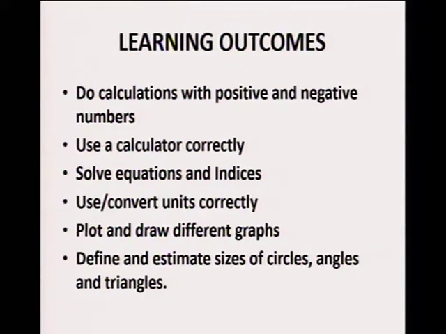Added to that, we should be able to solve equations as well as indices correctly. We should be able to convert between different units, for example, from kilograms to grams, or from kilometers to meters and vice versa. We should be able to plot and draw graphs correctly, be it bar charts or bar graphs or line graphs and so on.